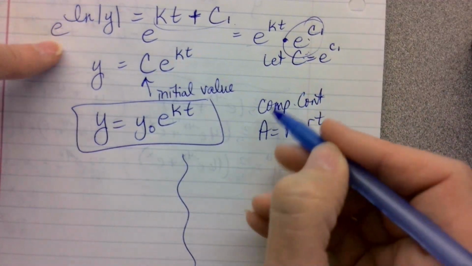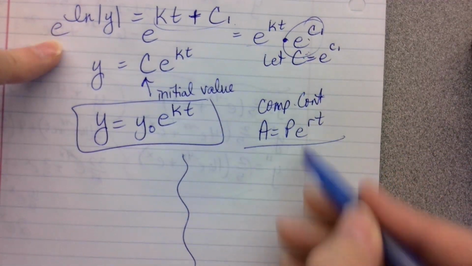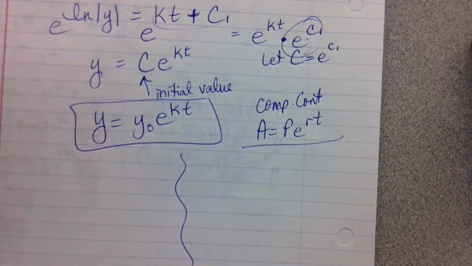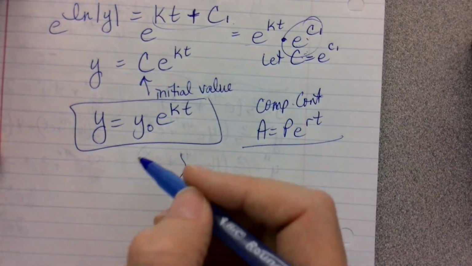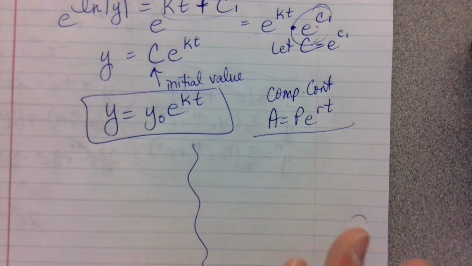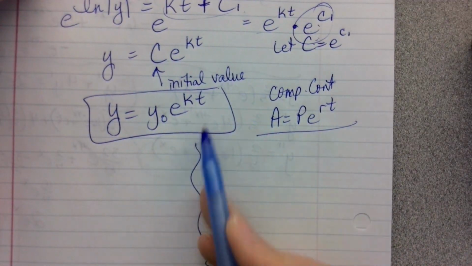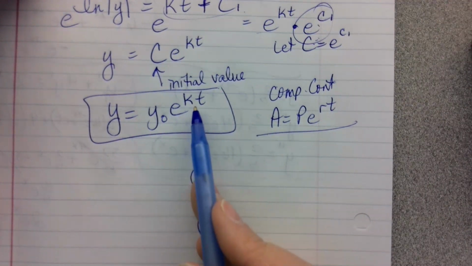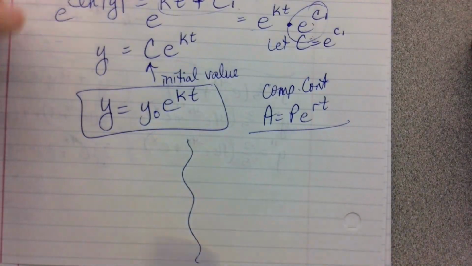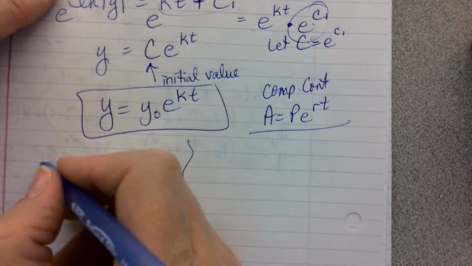So if I have a compounded continuous problem, it is exponential growth, right? If I have a half-life problem, it is an exponential decay, and my K is just negative, right? So everything we do is just like we did last year.